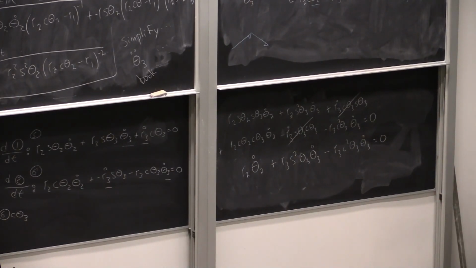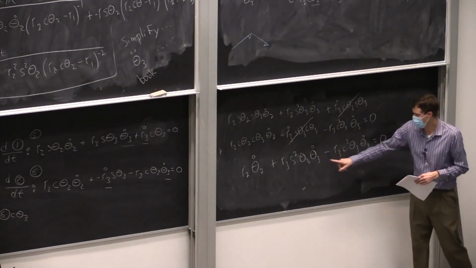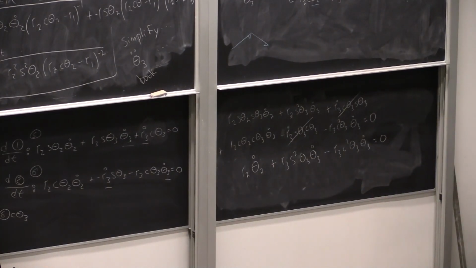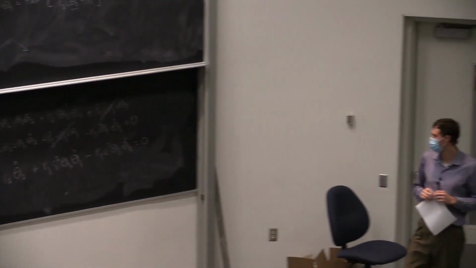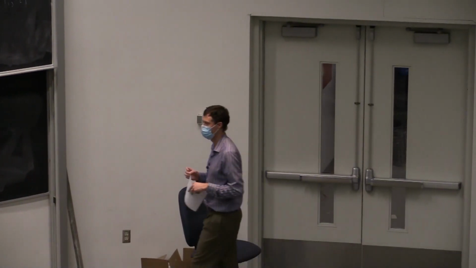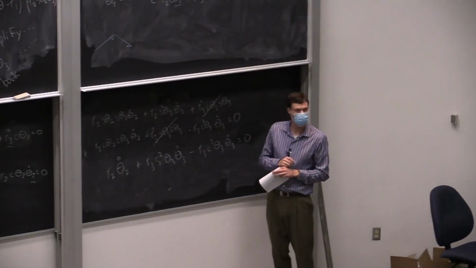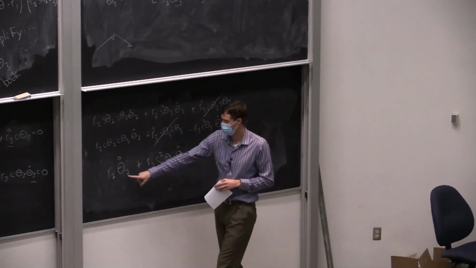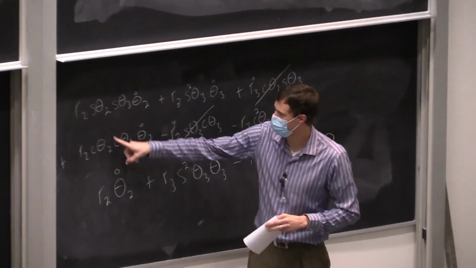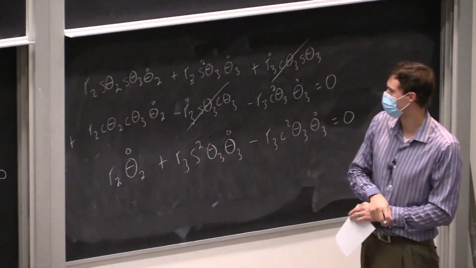Okay, good. But now we have it to a form where it's easy to solve for theta 3 dot. I see a couple hands. Do I have an issue? I'm just asking, could you repeat how you got R2 theta dot 2? Which term? Like the leftmost term that you just wrote, like how did you combine the... Here. So this is sine. Oh.